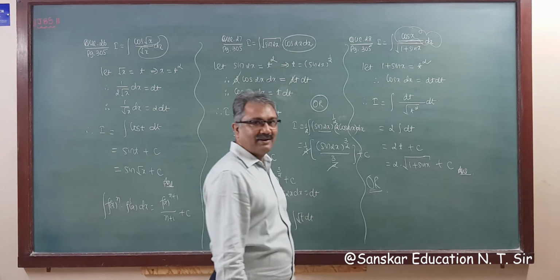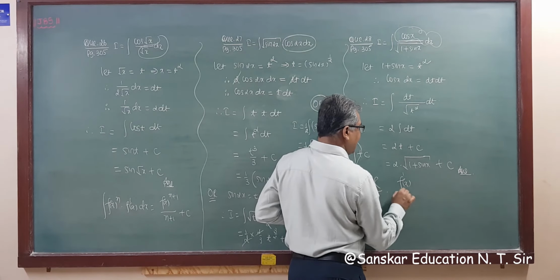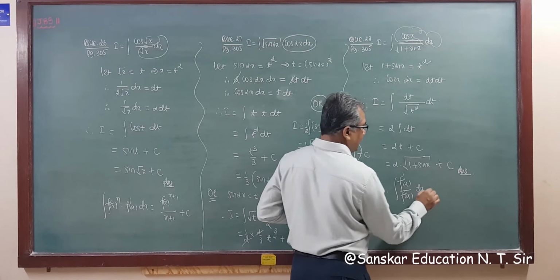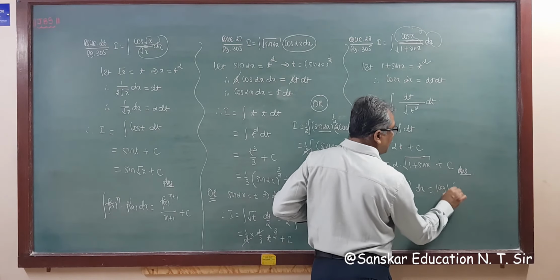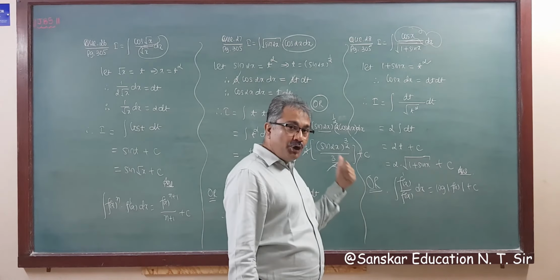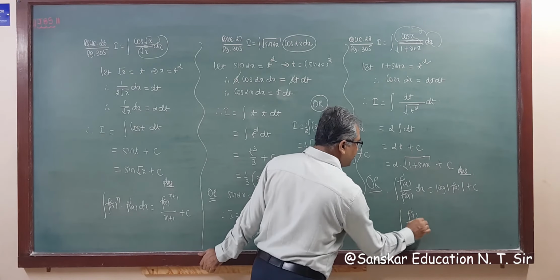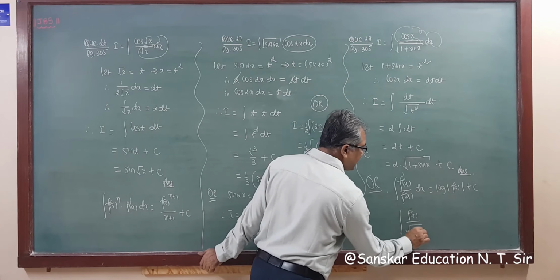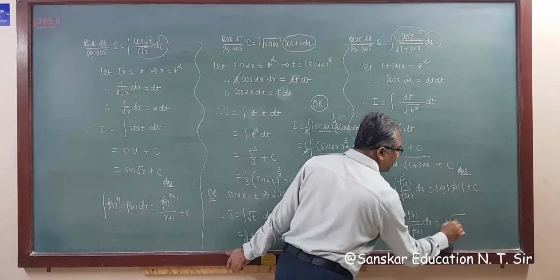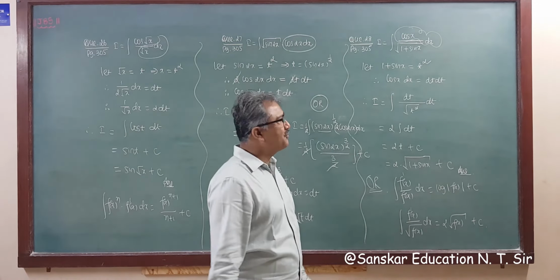You have one formula. Integration of f dash x upon f x dx, then the answer is log mod f x plus c. And if the denominator is in root, that is root f x, then the answer is 2 root f x plus c. Now check.